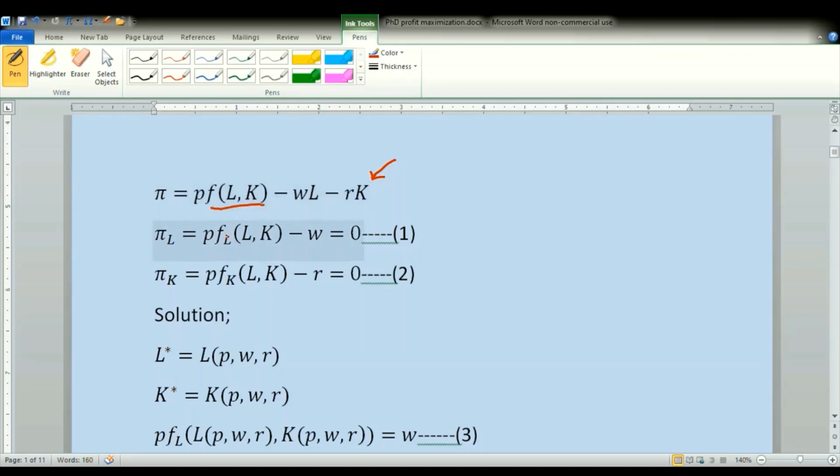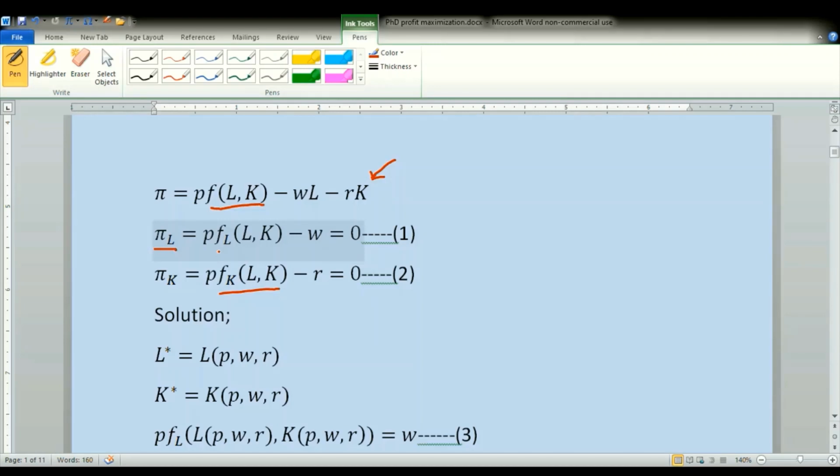We take the derivative of this profit equation first, for example, with respect to labor. So this is P times delta F over delta L minus W equals 0. So this is the first order condition. Similarly, taking the derivative of the profit equation with respect to capital gives price times derivative of the production function with respect to capital minus R equals 0.